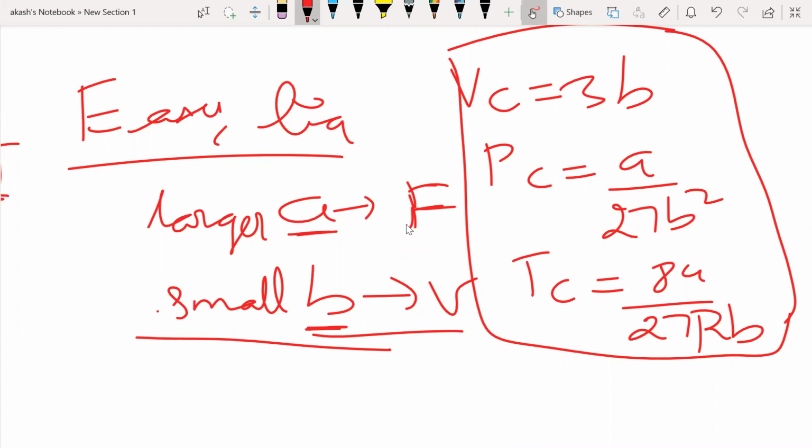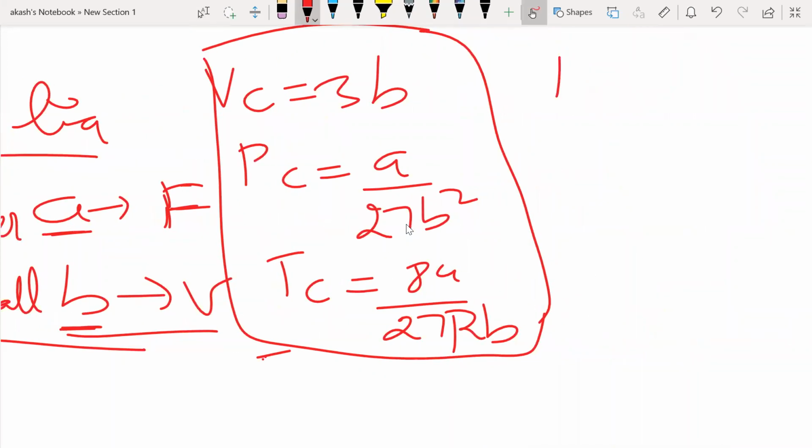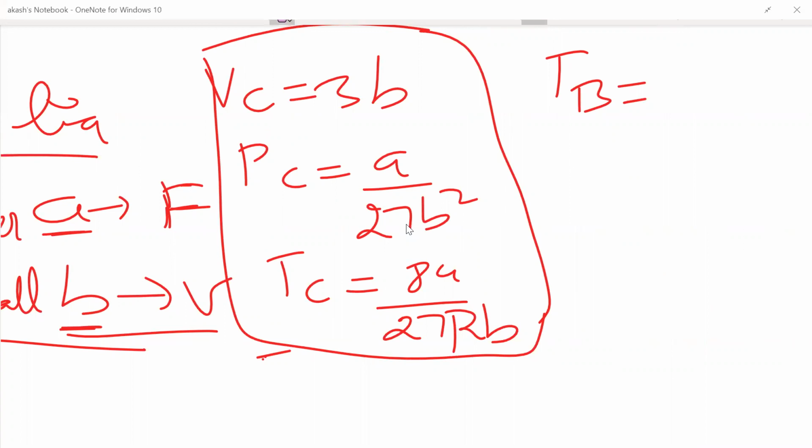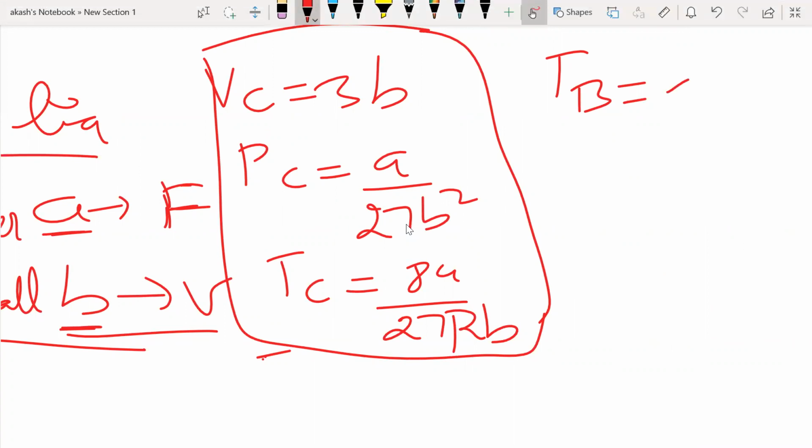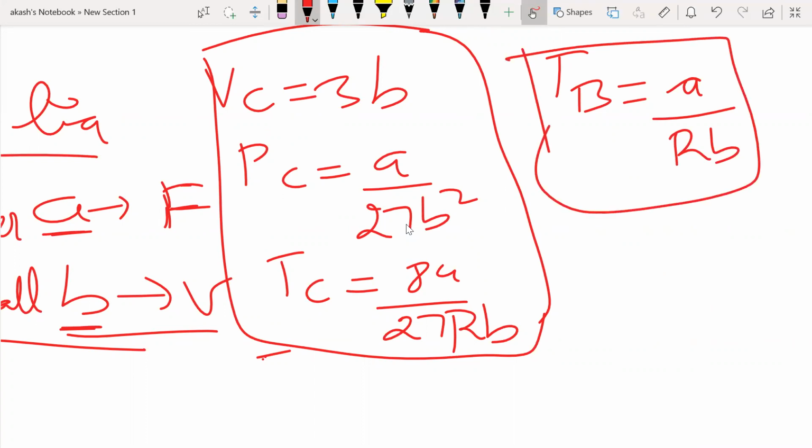Yeah, got it. So TB, the boil temperature, the temperature at which the gas behaves ideally, is A by RB. Okay, this formula.